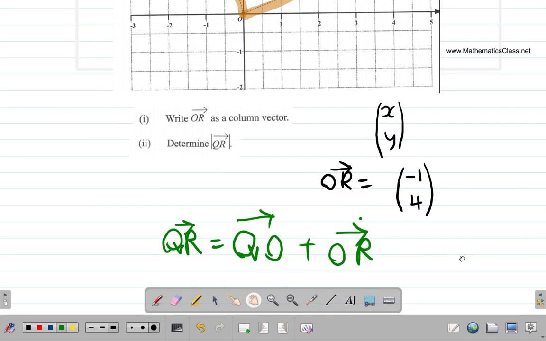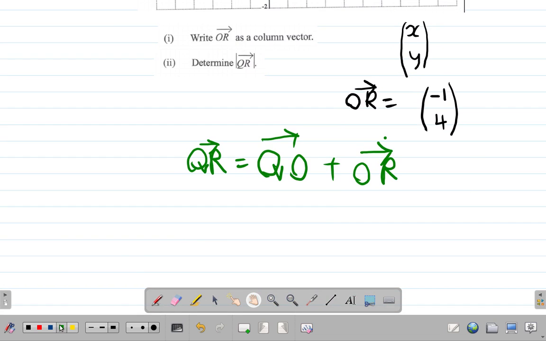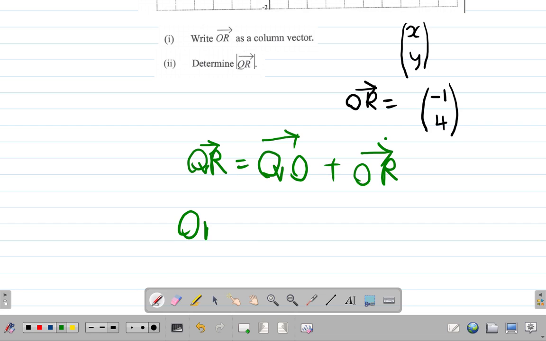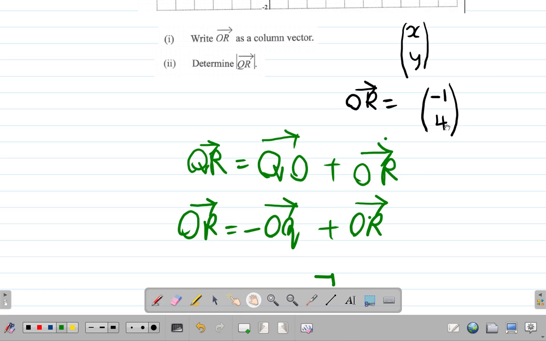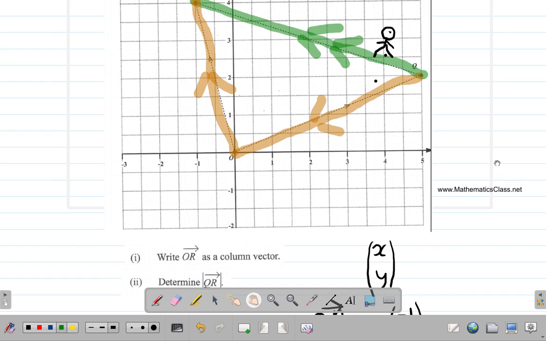See that? So QO is negative OQ. So you rewrite this saying QR is equal to negative OQ plus OR. Alright. Now, the next question is, what is OQ? OQ is 5, 2. You can see that.